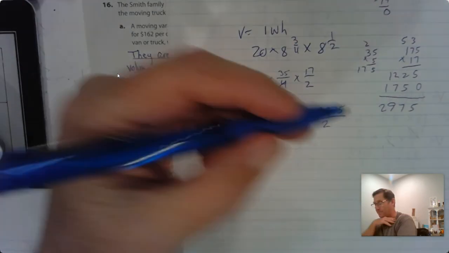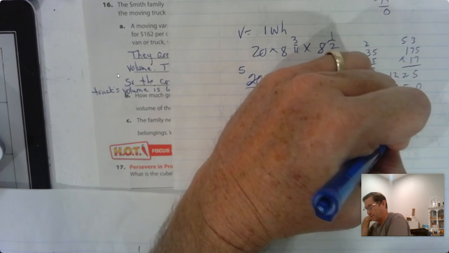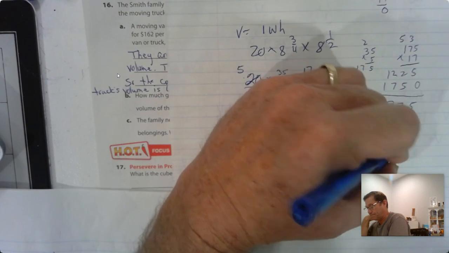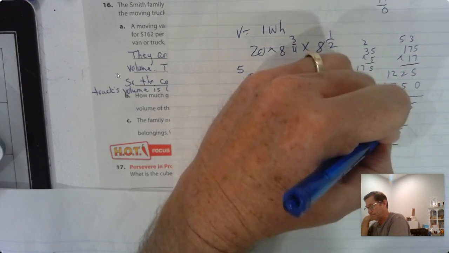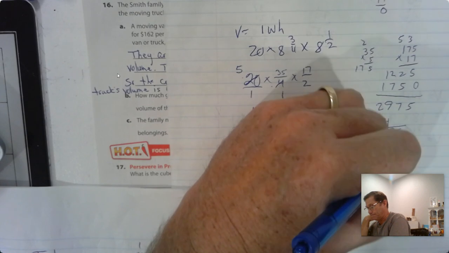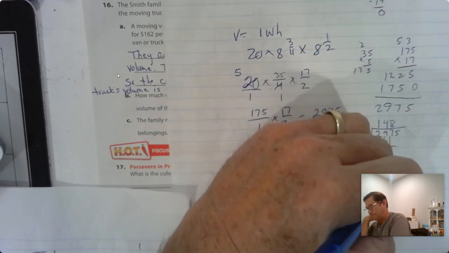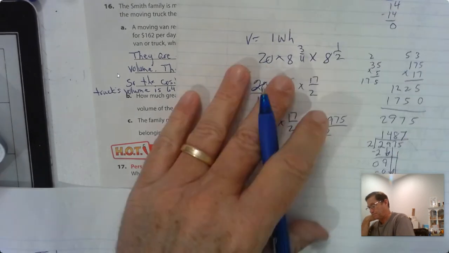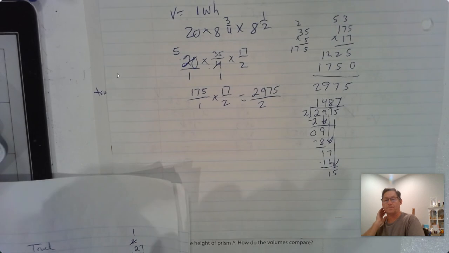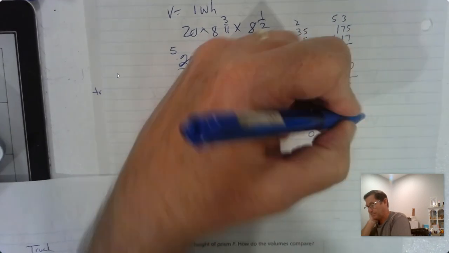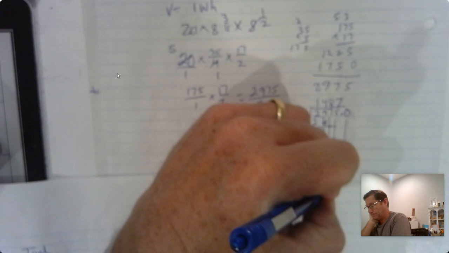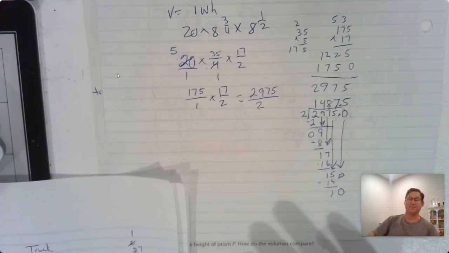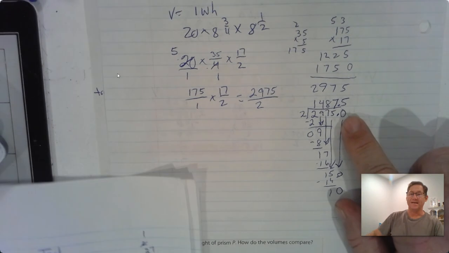2,975 over 2. Turn that back into a mixed number. All right, so actually, I'm going to go ahead and use it as a decimal.